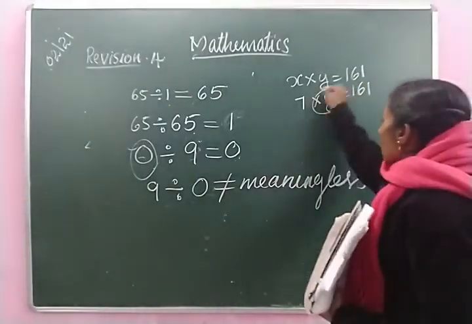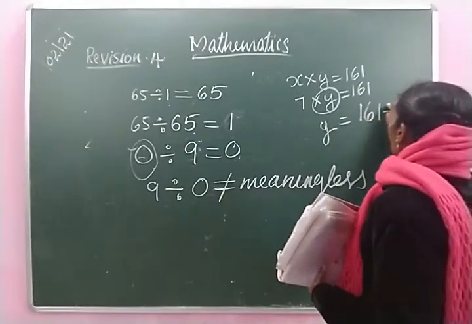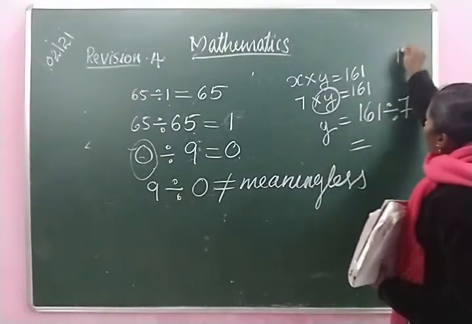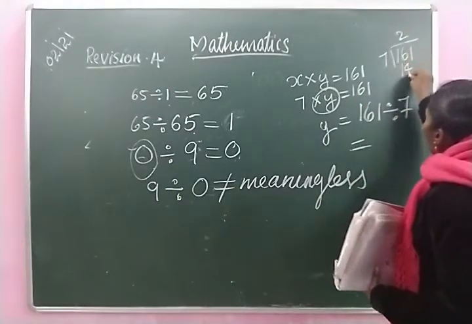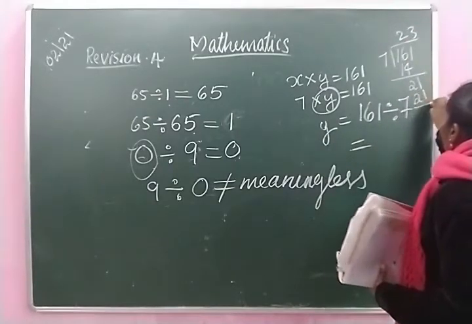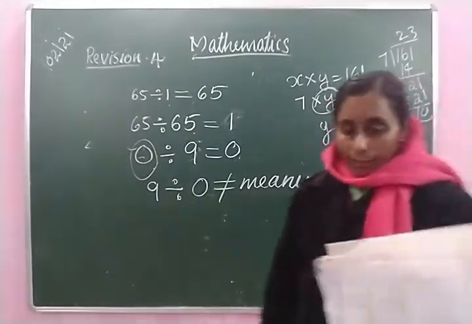We don't know this number, so to get y we will do 161 divided by 7. 7 twos are 14, get 21, 7 threes are 21. We get the answer 23. Okay.